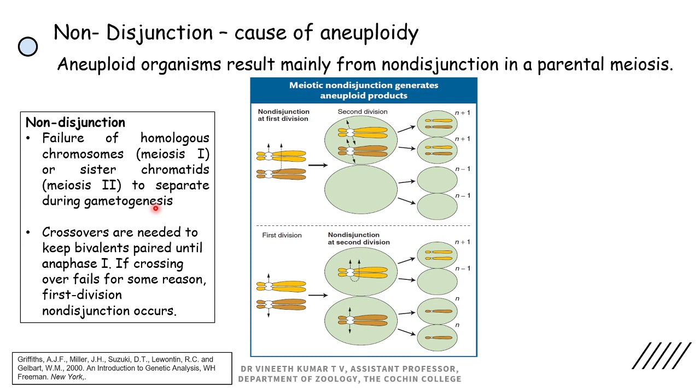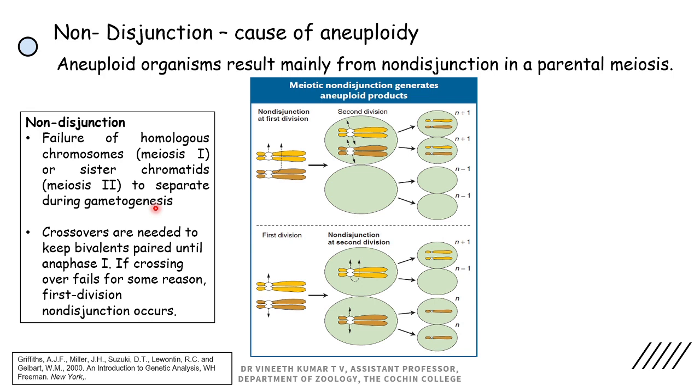If this process of non-disjunction occurs during the formation of sperms or egg, this results in what is called aneuploidy. We'll take the definition once more. It is the failure of chromosomes to separate. We know that homologous chromosomes lie close together, there is crossover, there is recombination, etc. After crossover and recombination, the spindle fibers take one of the homologous pair to one pole and the other to the other pole.